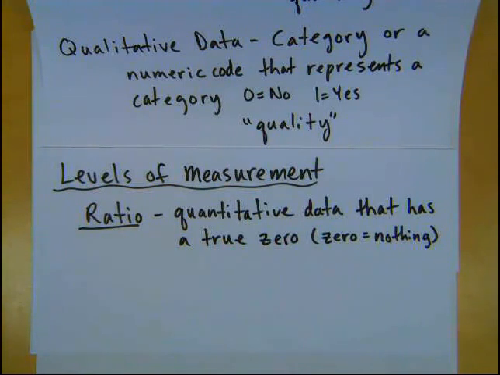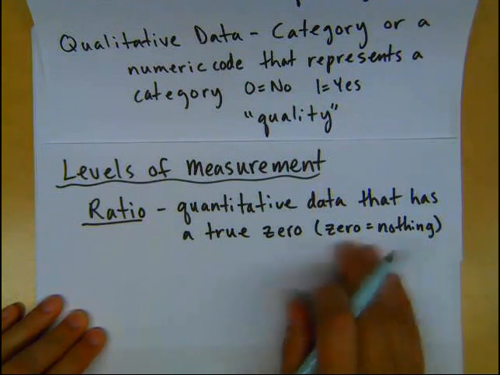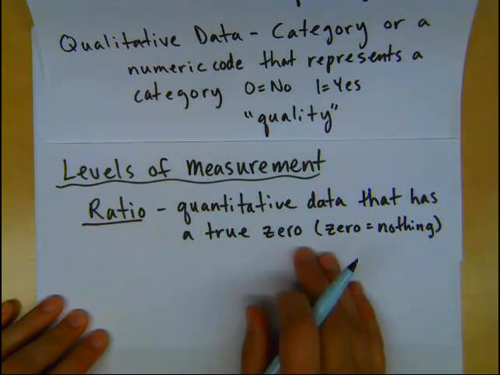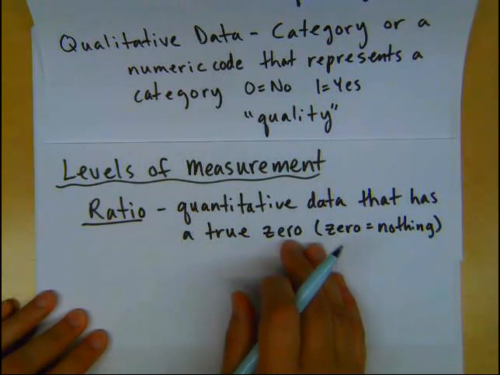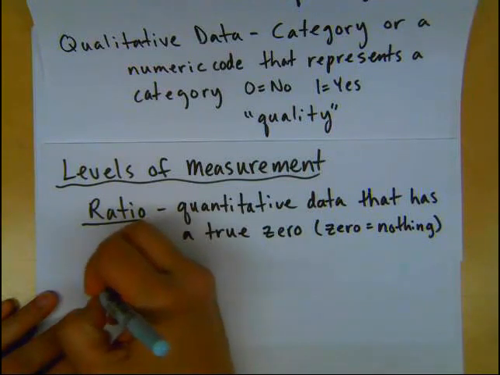IQ score, for instance, doesn't make sense to have an IQ of 0. You're not even really alive, brain dead, or it just doesn't make sense in the context of the scale that we take intelligence quotients from. So it doesn't fall under ratio. Those different, usually man-made, categories that are numeric but don't have a true 0, we call interval data.